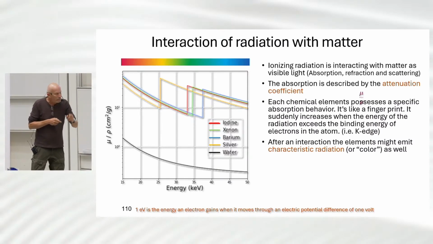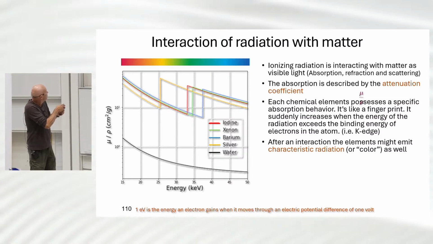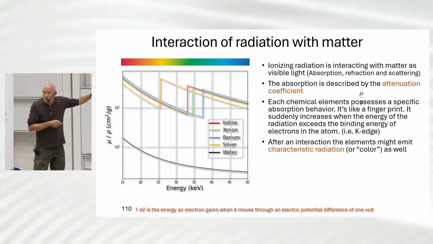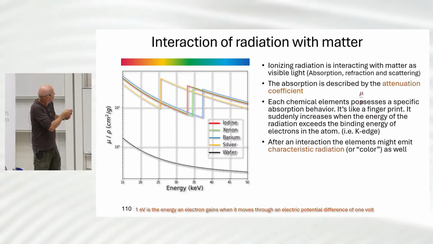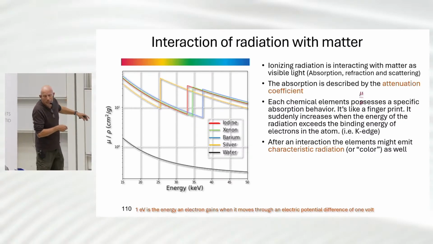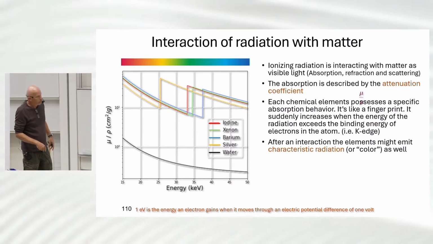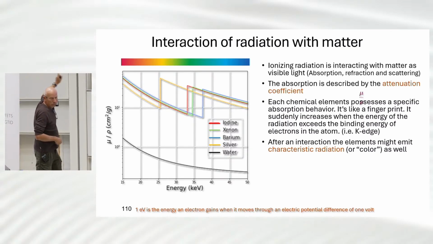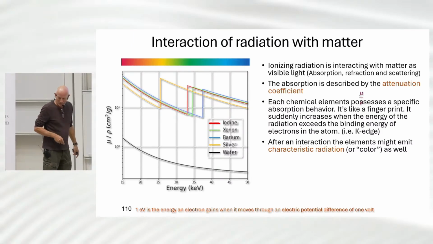So if we are able to see this steep jump, we know that this was a certain element. So this would be iodine, this would be xenon, this would be silver, and this would be barium, for example. While water would have, in this energy range or color range, a very smooth transition. It has a jump maybe in the corner, in this plot over there.